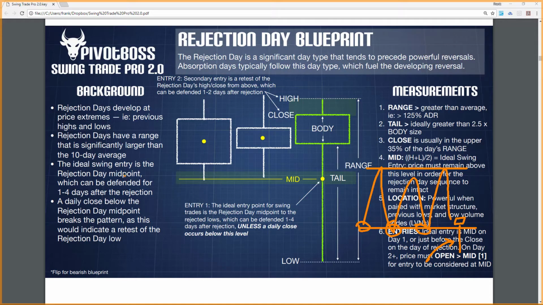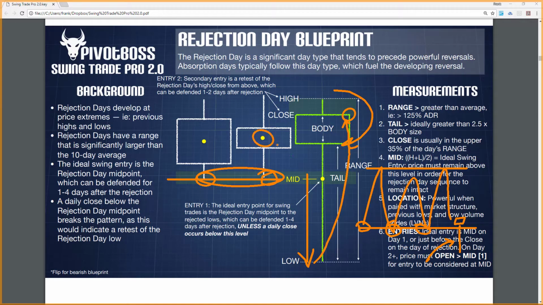So a significant rejection day will tend to happen at the extremes of a price range. In this scenario, you can see 2-day lows are right here. Price breaks down through 2-day lows and drops significantly, and then turns around and closes the day much, much higher, back above this support level, and typically, in the strongest sense, back above the previous session's midpoint.